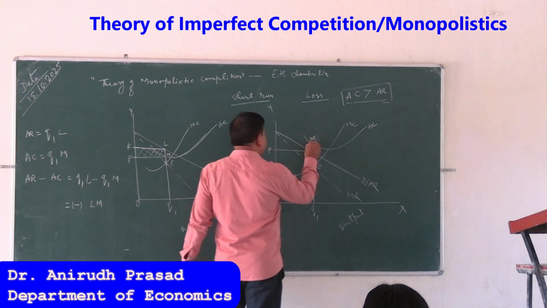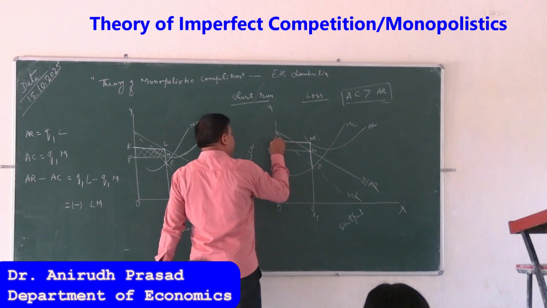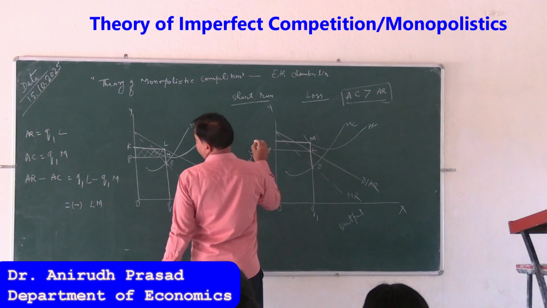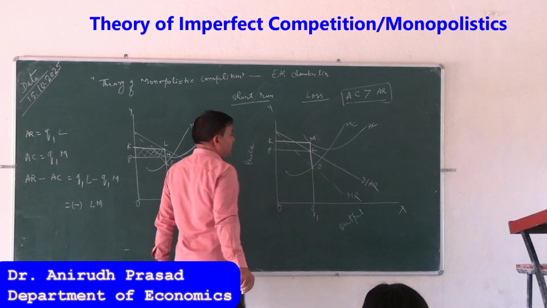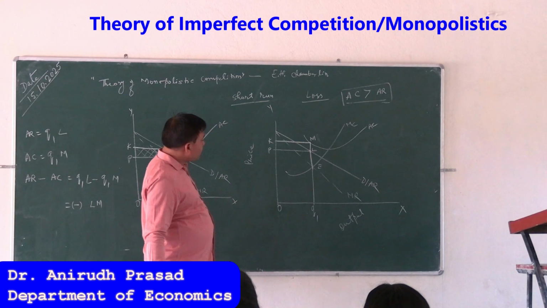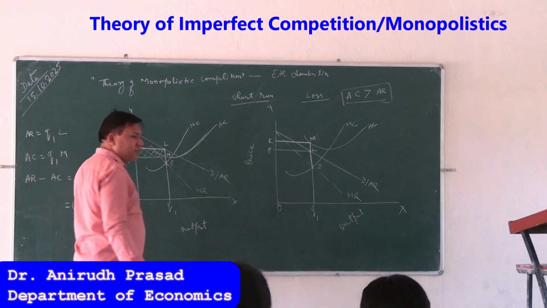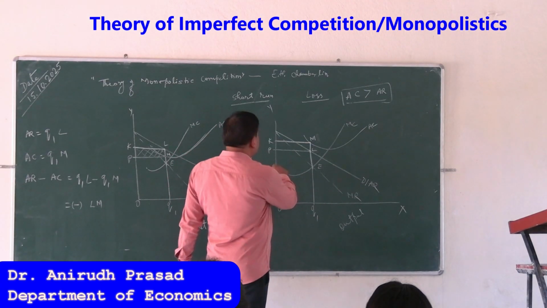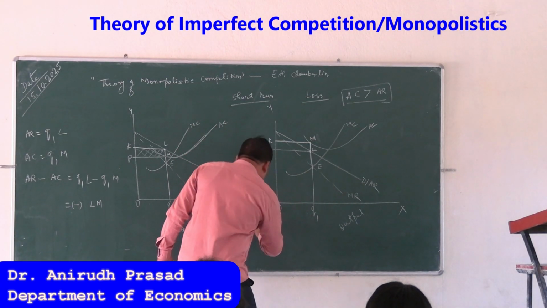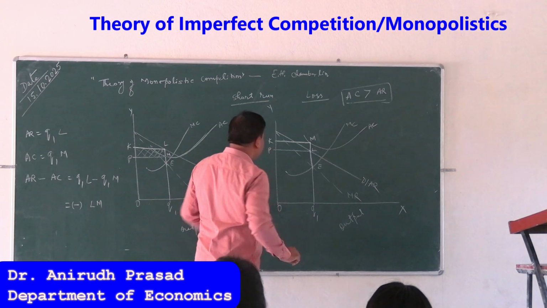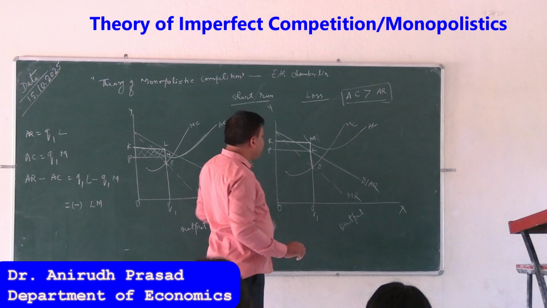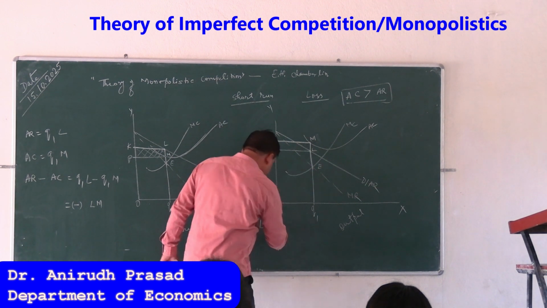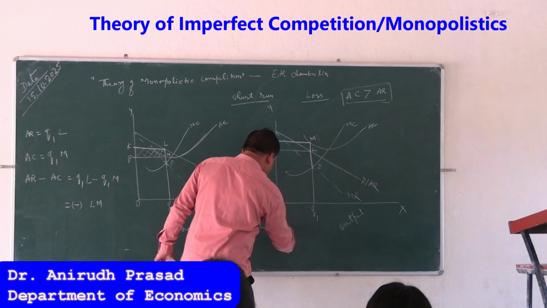Total loss, again we need to draw a line. So again total loss is length into breadth. Length is PL, breadth is either LM or KP, breadth is LM.